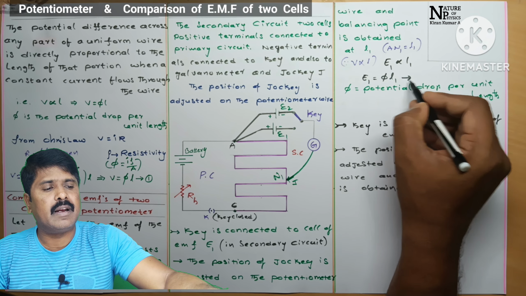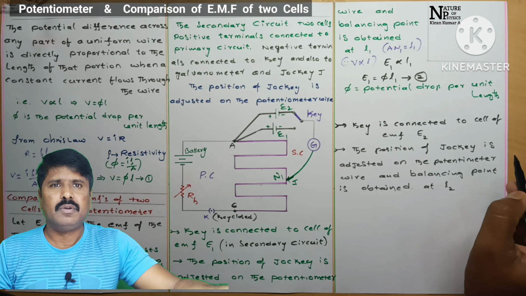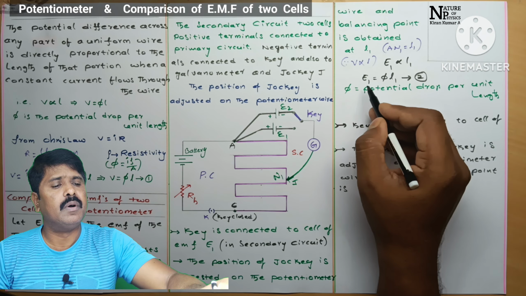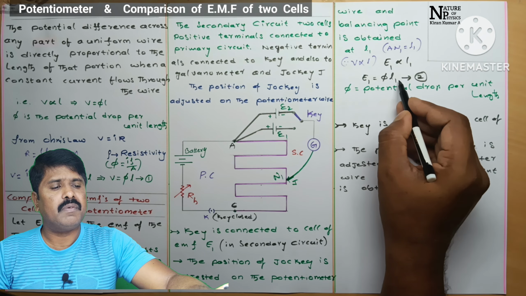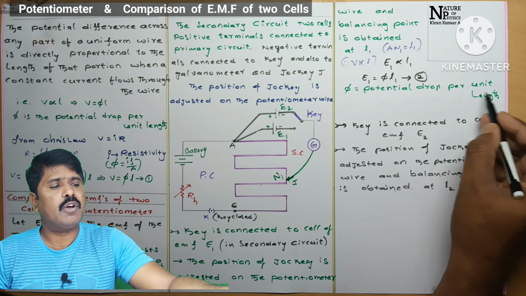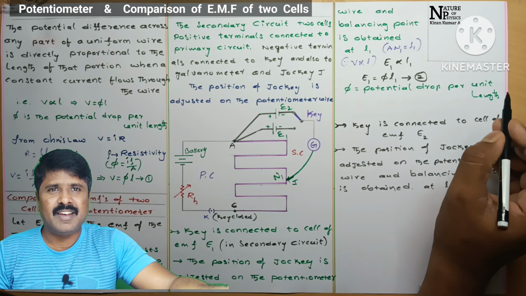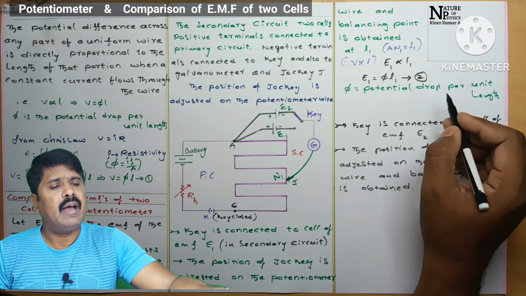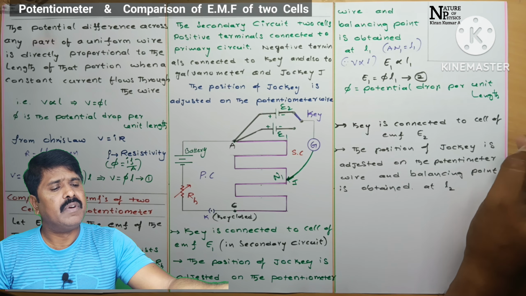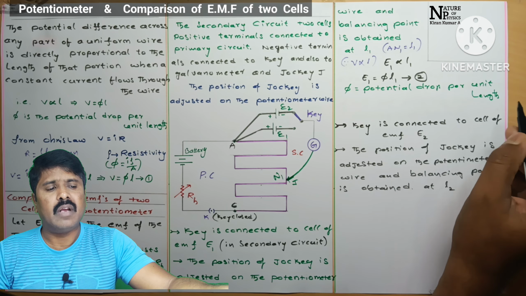This is equation number 2. Phi is the potential drop per unit length, a proportionality constant. Then the same continues for the second one also.